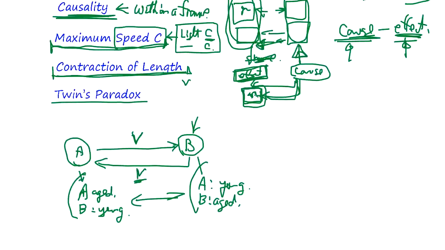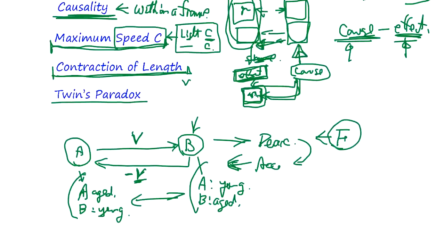I'll give you the answer first. When B changes direction, he needs to decelerate, turn around and accelerate. During this time B is receiving force, so it's not an inertial system anymore. We have to bring in the general theory of relativity. When you receive force, the clock slows down.